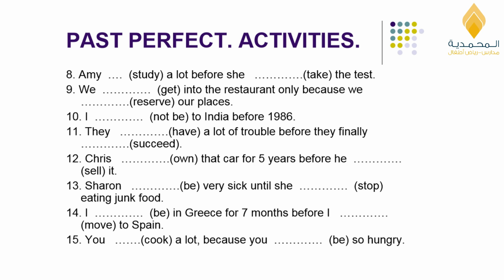Number 12. Chris owned that car for 5 years before he sold it, and the answer is Chris had owned that car for 5 years before he sold it. Number 13. Sharon be very sick until she stopped eating junk food, and the answer here is Sharon had been very sick until she stopped eating junk food.